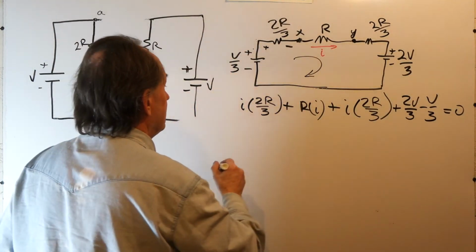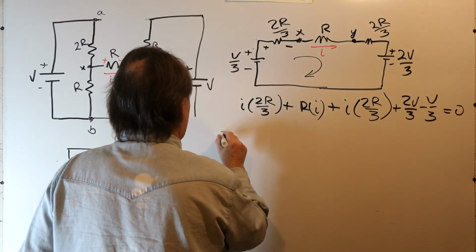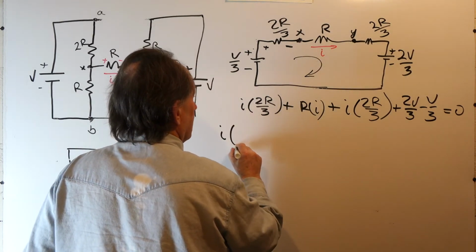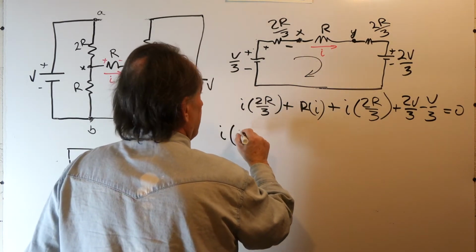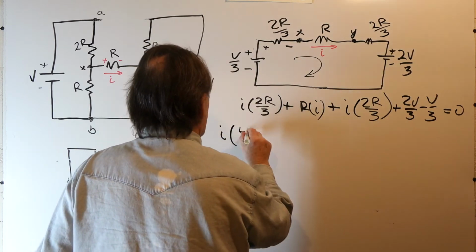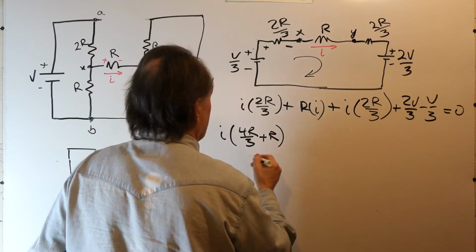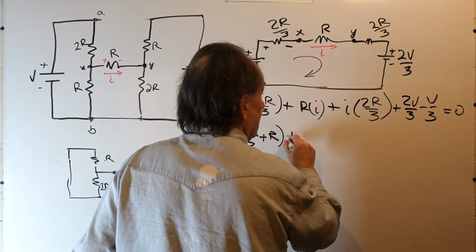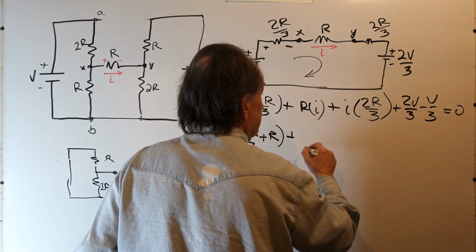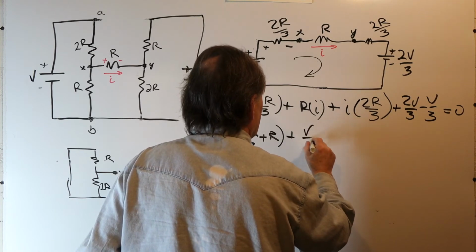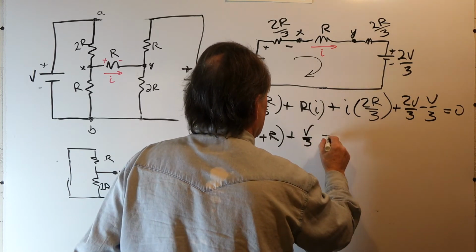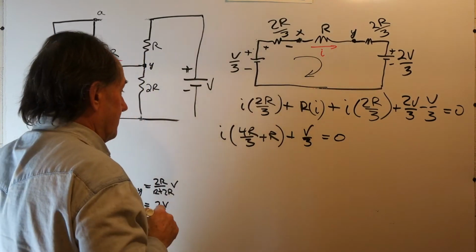Simplifying the equation, we can gather I, so we have 2/3 and 2/3, or 4R over 3 plus R for I, and plus 2V minus V over 3 is just V over 3, and that's equal to 0.